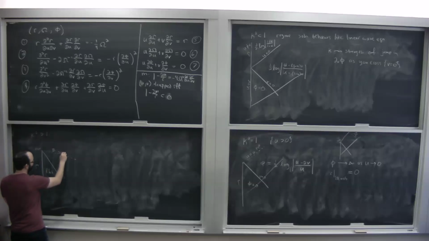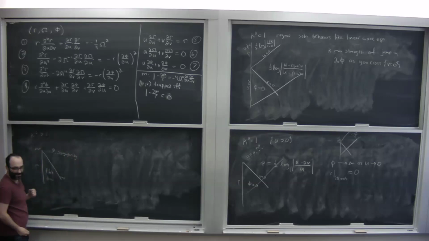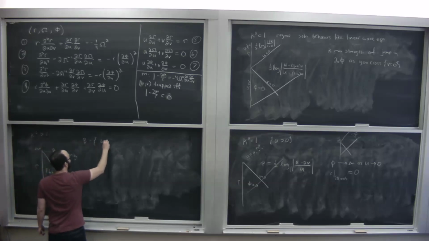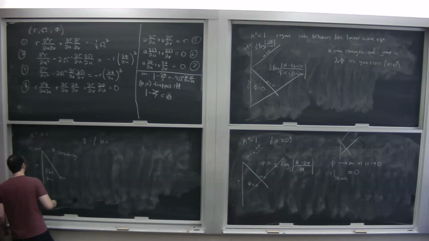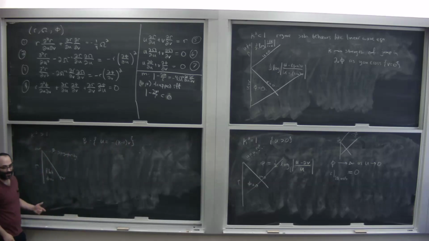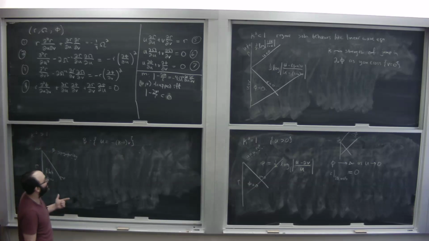This thing will be the endpoint of your space-time. B will occur when u is equal to minus k minus 1 over b. I copied the formula from the paper.